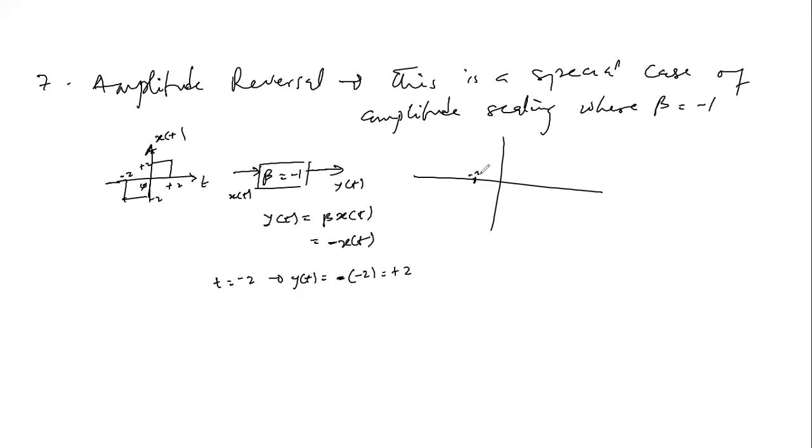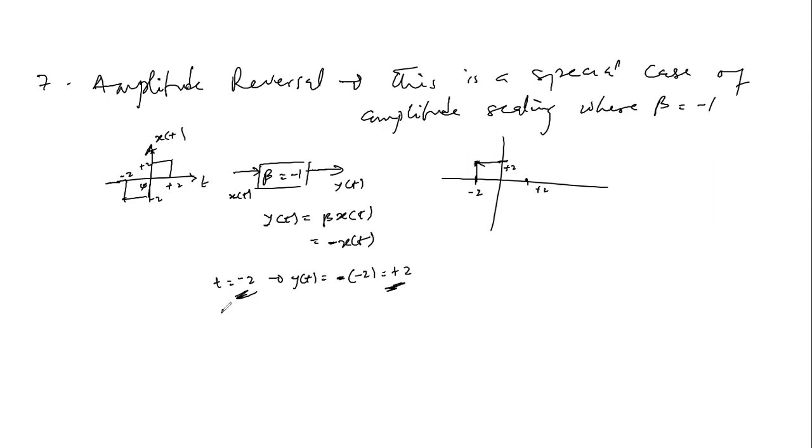This is -2, and this is +2. Then now at -2, at the input we have +2 amplitude. So let's do this positive 2, for instance. Positive 2.